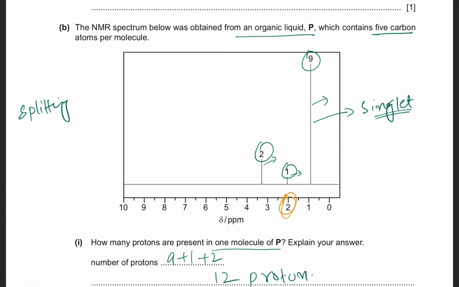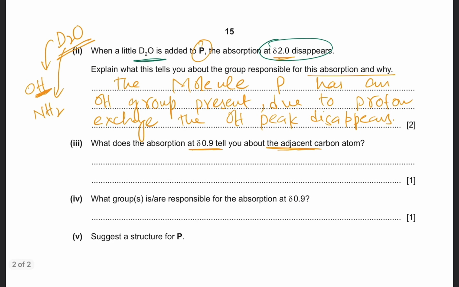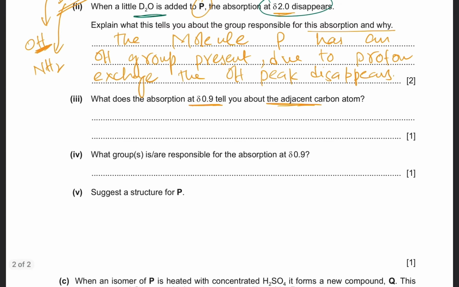So if n is 0, the split pattern would be 1, and that would be a singlet. Because we are getting a singlet, the adjacent carbon atom has no hydrogen atom bonded to it. So the adjacent carbon has no hydrogens.